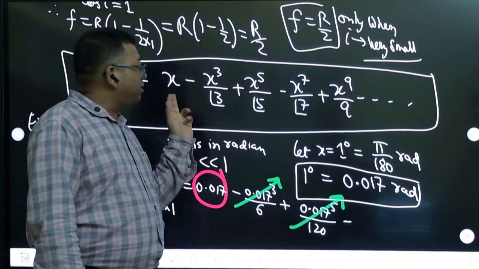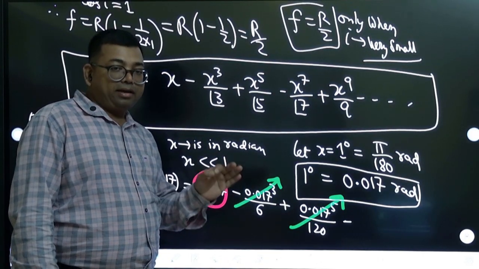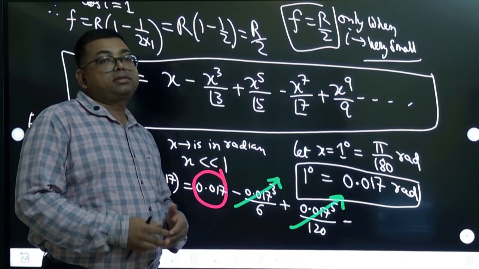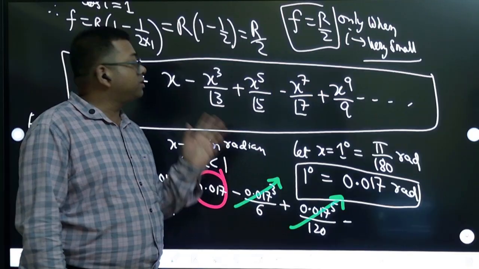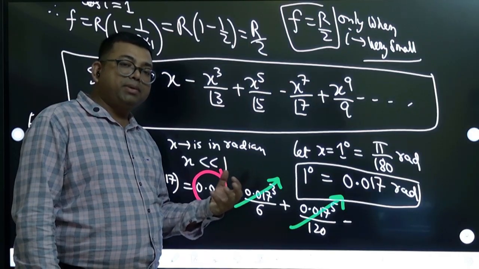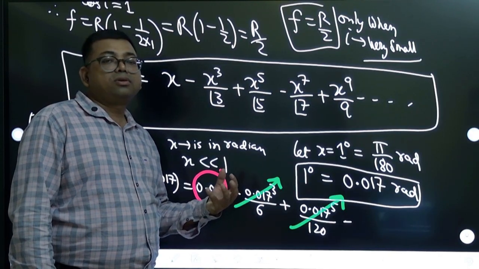But if you write only one term, there will be more error. It depends on how much the error is. If the error is very small, we can just use the first term. Up to 10 degrees, the error is not more than 4-5%.